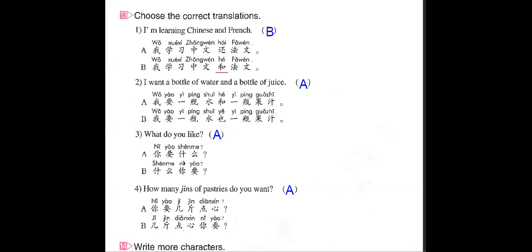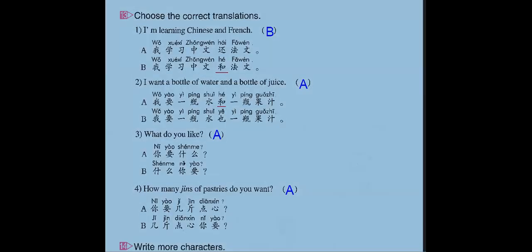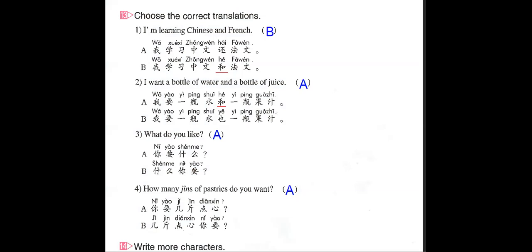A. Why? Again, we are using he to say and in Chinese when we are using 2 nouns. This is important. And ye is used to connect 2 different activities, so that is not the point. We are saying just 2 different things, not activities.